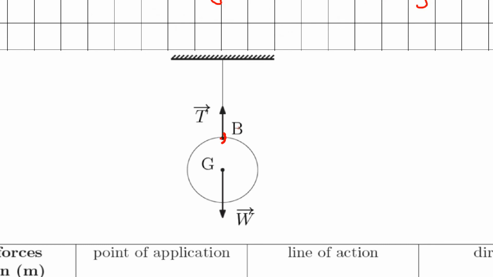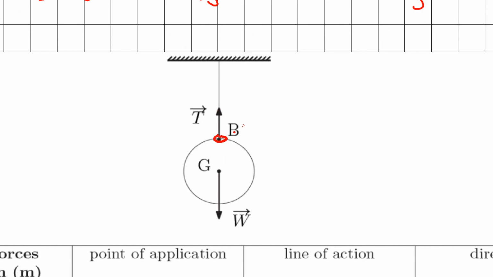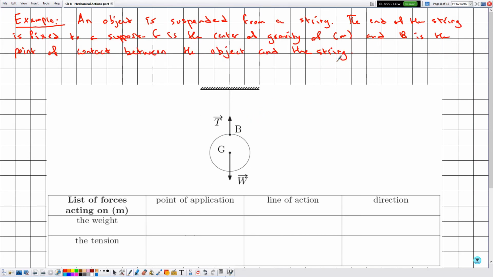So B is the point of contact between the solid and the string, so both objects are connected at the point B. Then the forces acting on the object are its weight and the tension. And in this case, the weight and the tension are represented in the following diagram.